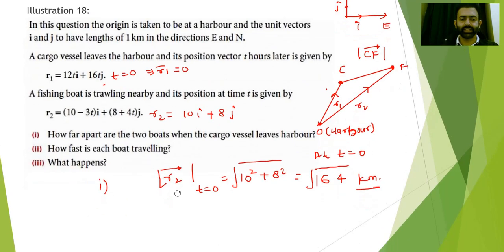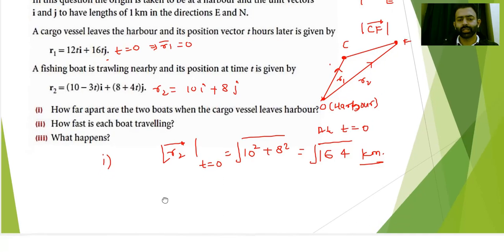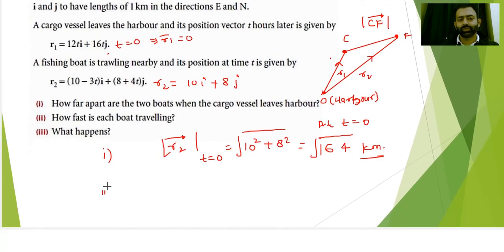Now the second part says, how fast is each boat traveling. In vectors there is no differentiation involved as far as your syllabus is concerned, but we know the meaning of differentiation. This we have already done, I think in class 11th and also in IGCSE. The rate of change of the position gives you the velocity, right?